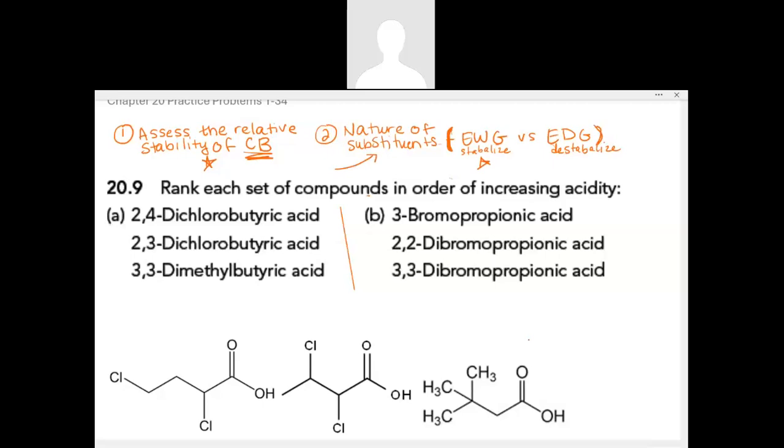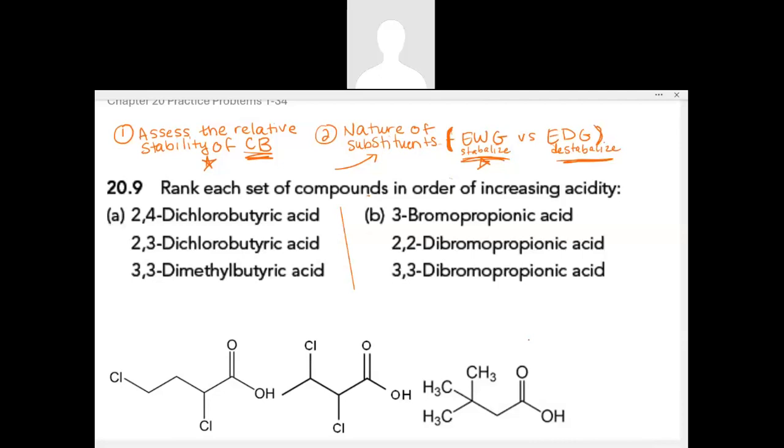Those electron withdrawing groups tend to stabilize our conjugate base, versus if we have electron donating groups, such as alkyl groups, they tend to destabilize our conjugate base. So we'll keep those in mind. And then overall, the weaker the conjugate base, the stronger our conjugate acid would be.